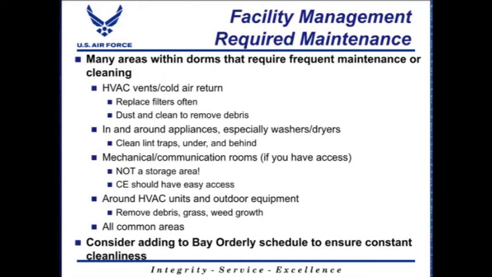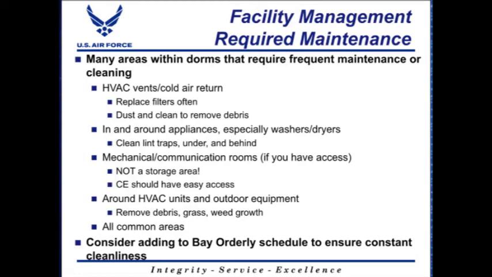So when we talk about facility management and required maintenance, this is a better list and a little bit better for you to understand some of the things that we look at. So what I will tell you is if you have a grass cutting contract and the grass cutting contract does go up to the facility, what they won't do is they won't pay much attention to a lot of areas that are behind fences or around fences or a big industrial unit.